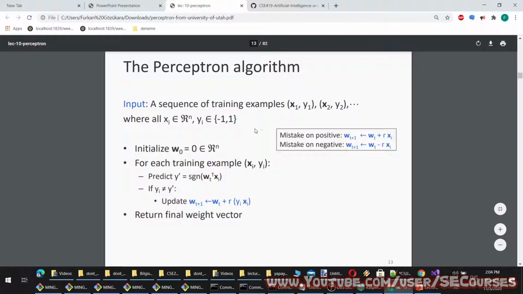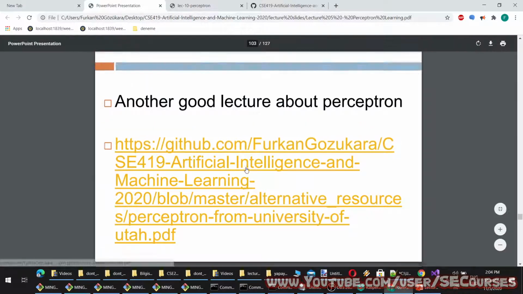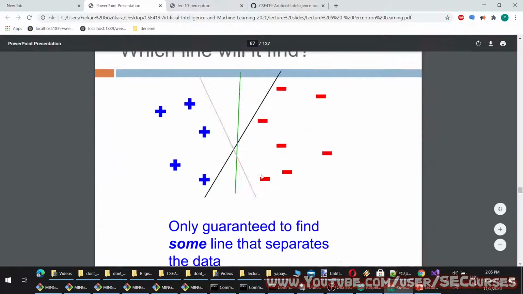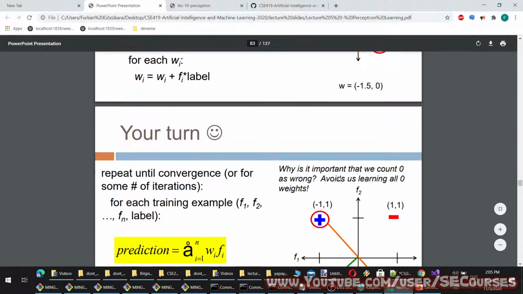Okay, so here it starts to explain. If we make a mistake on a positive example, we increase the weight by R. R is the learning factor.